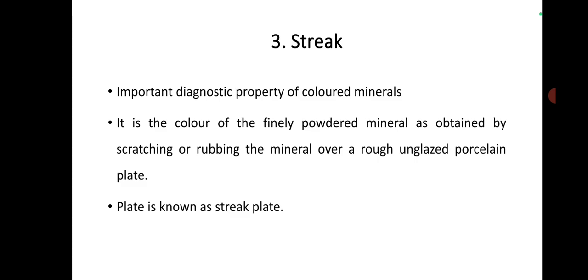The different types are idiochromatic, allochromatic and pseudochromatic, whereas luster is actually the shine. It is the intensity of reflection of light from the mineral surface, and the types are metallic, adamantine, vitreous, pearly, silky, resinous, dull or earthy.